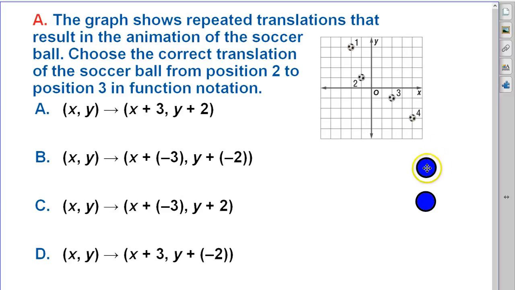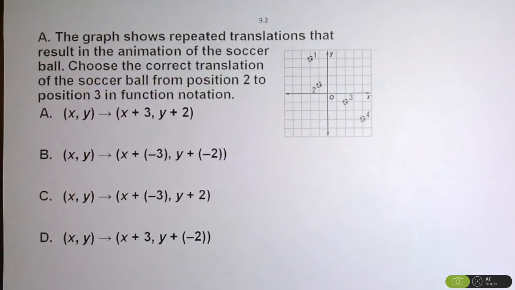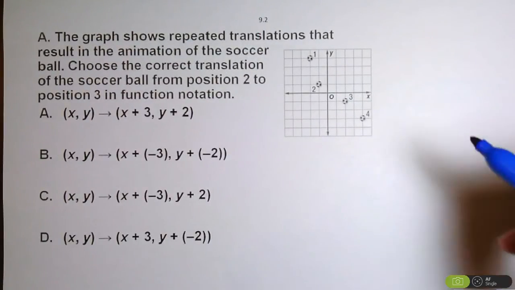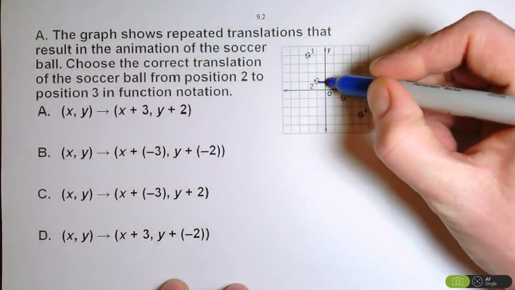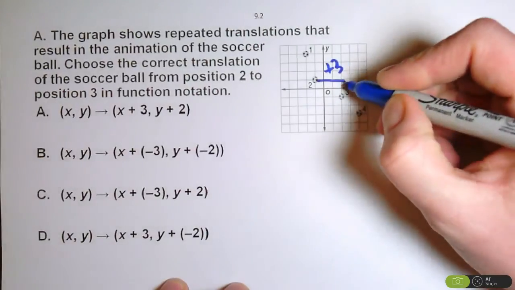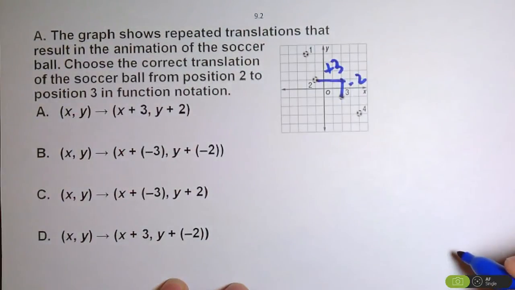So here we go. All right, so let's take a look here. From position 2 to position 3. Again, I'm not going to do the algebraic way. I'm going to do the counting way. To go from 2 to 3, I had to go right 3, down 2.